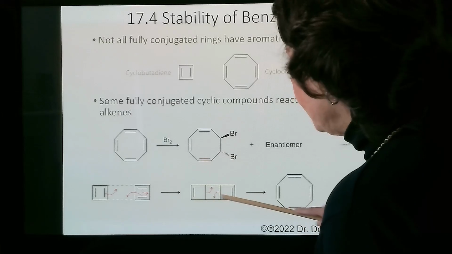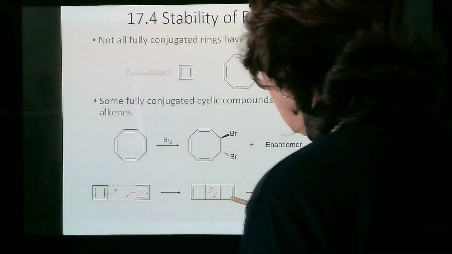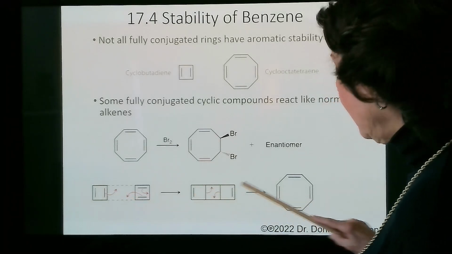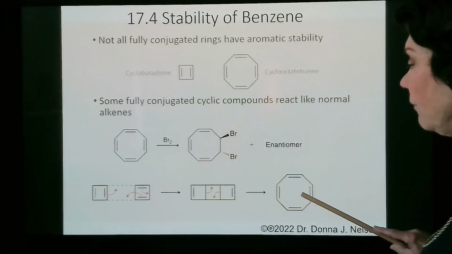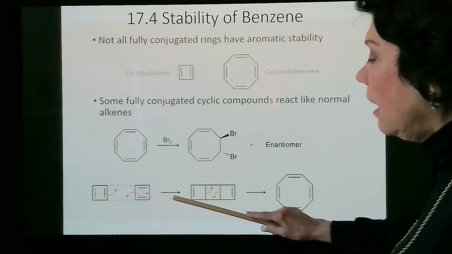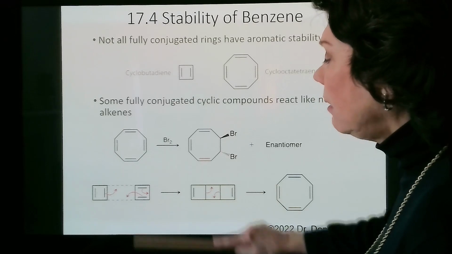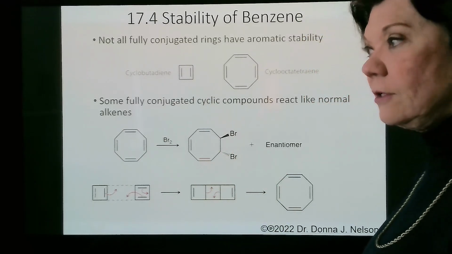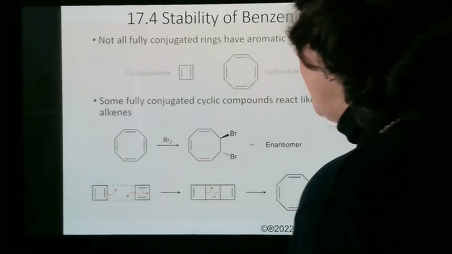These representations are showing the fact that if you reorganize these pairs of electrons, you can reorganize them in ways to get 2 molecules of cyclobutadiene, which is another anti-aromatic compound.